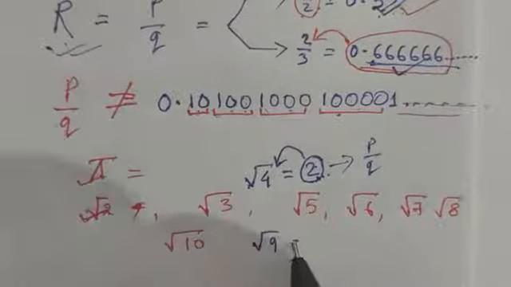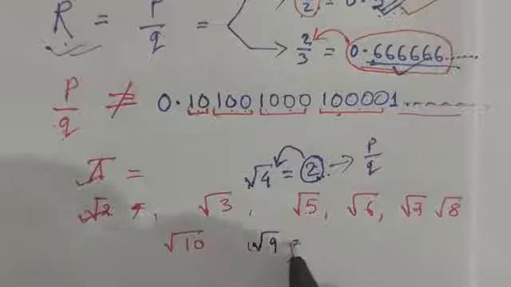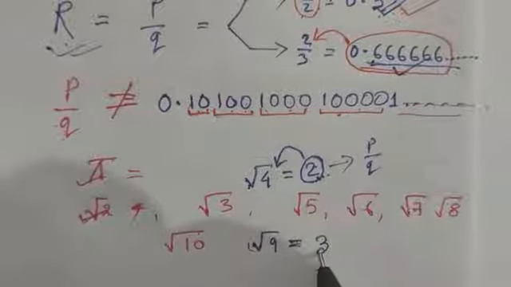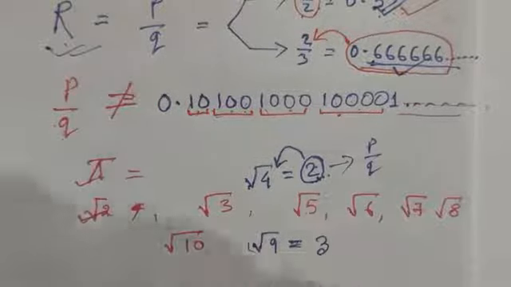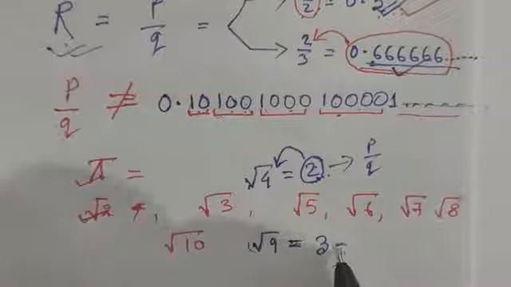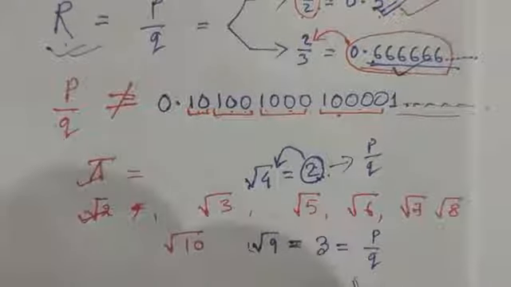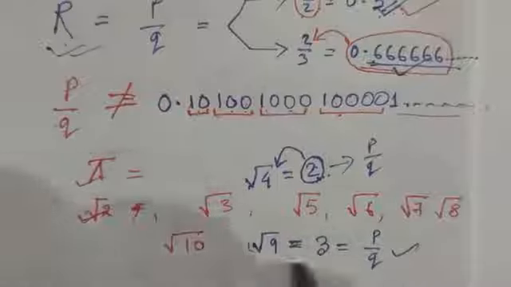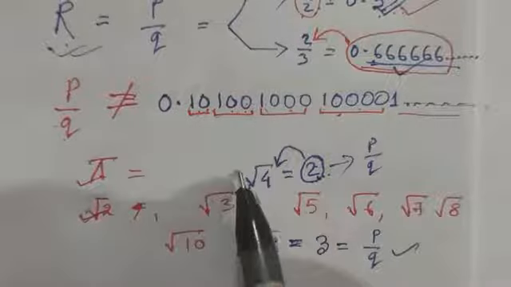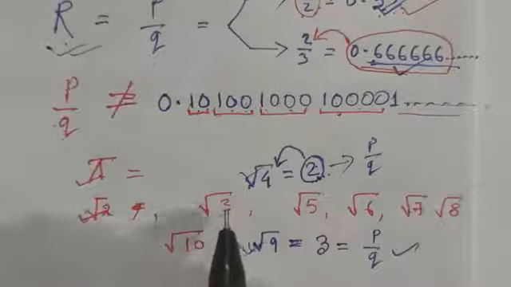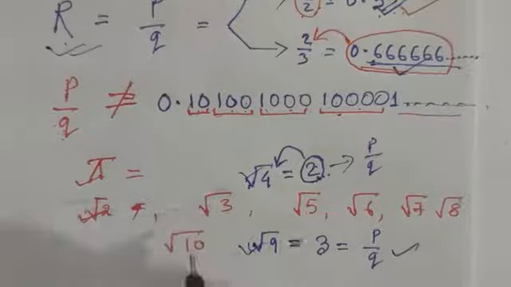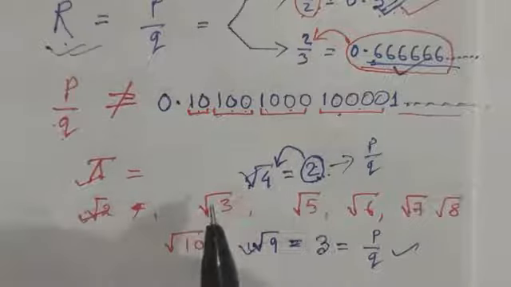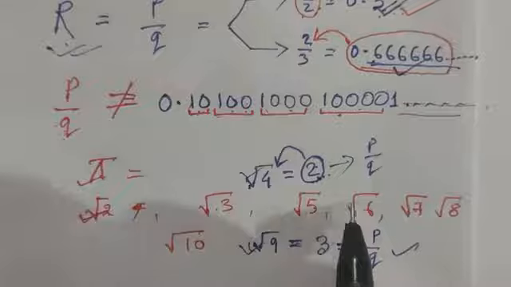All of you know that root over 9 is equal to 3, and 3 is a whole number or a natural number. So it can be expressed in the form p by q, so it is a rational number. So root over 9 is rational, root over 4 is rational, but root over 3 is not rational, root over 5 is not rational, it is irrational, and so on.